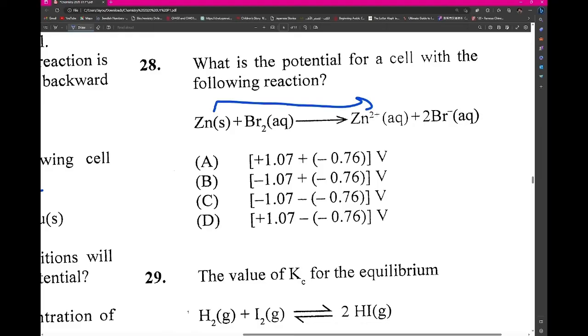I would probably believe that bromine may be higher than zinc, right? Because the zinc is usually negative 0.76, and then the bromine would be more of a positive actually, but okay. Yeah, so it would be more of a positive.